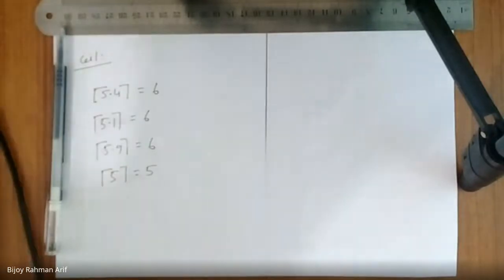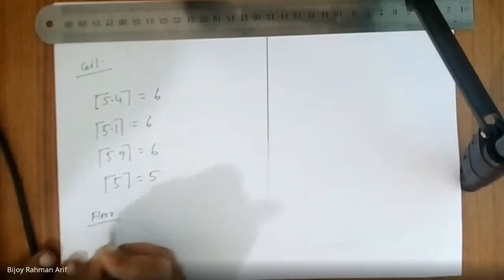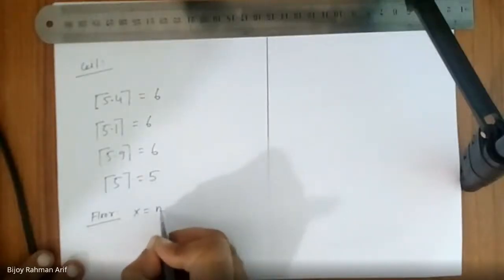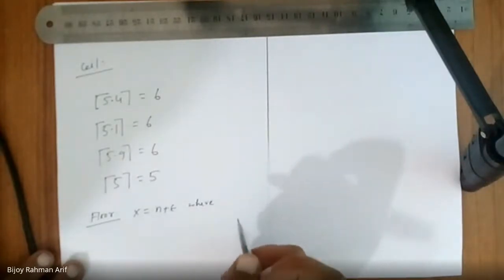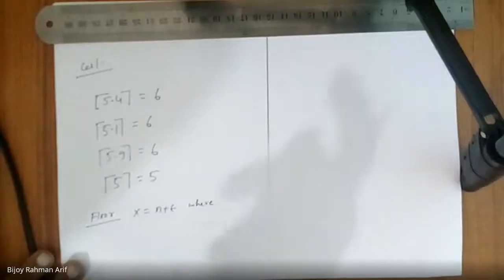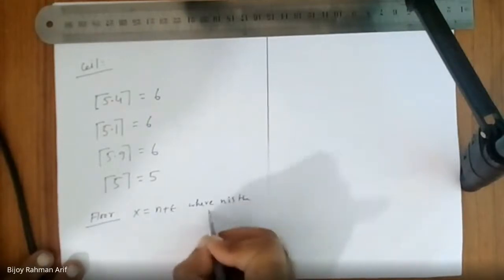So let's write this. What is floor? Floor is basically discarding any decimal places. Let's assume x is equal to n plus epsilon, where n is the whole number and epsilon is the decimal, where n is the nearest integer.